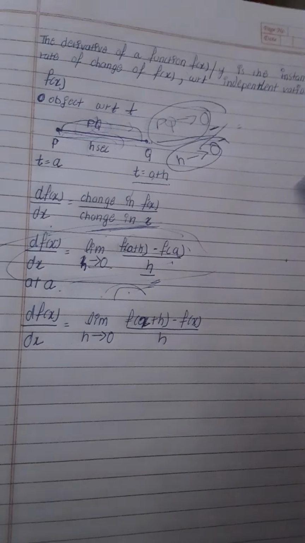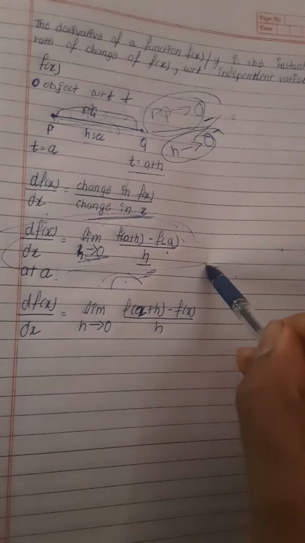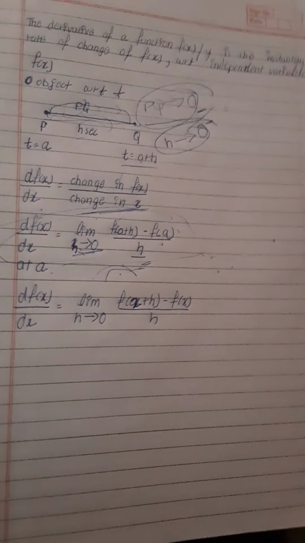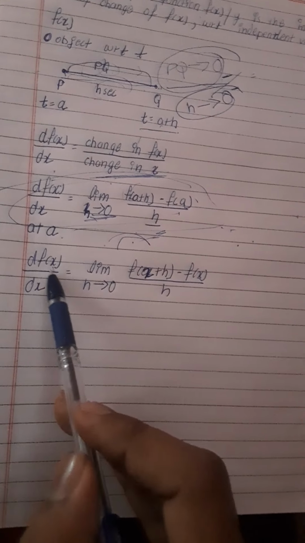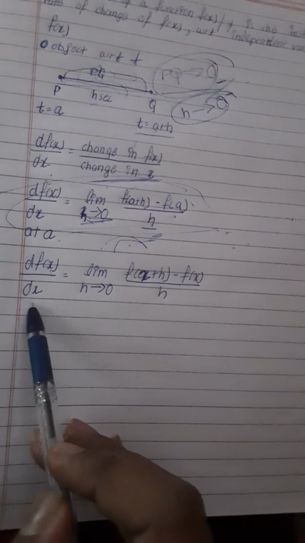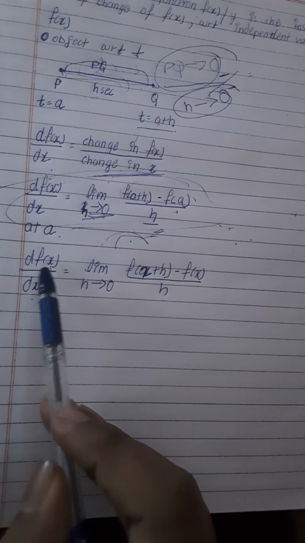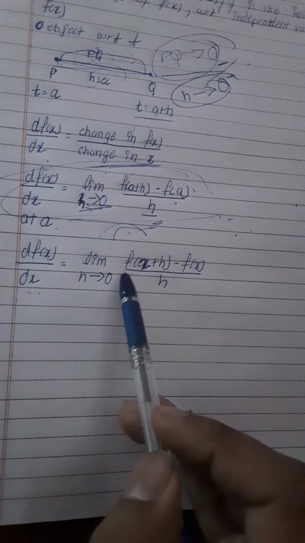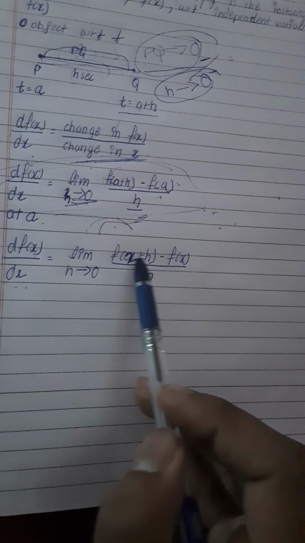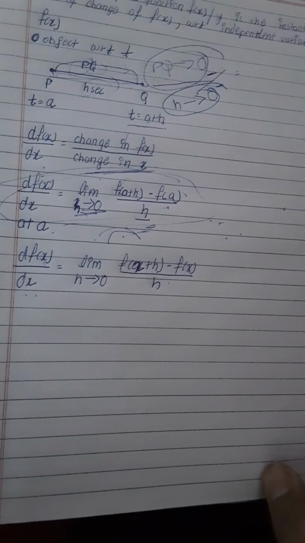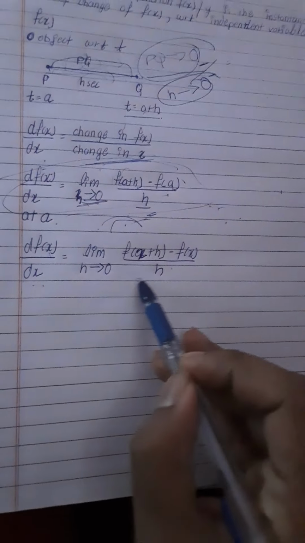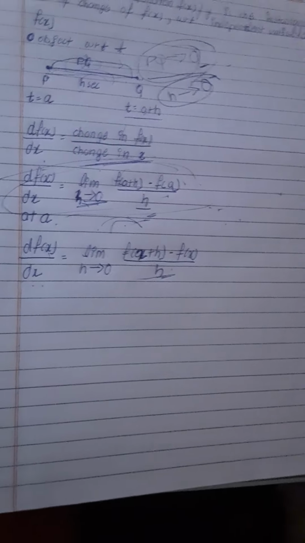As h approaches 0, this change is very small, so those two points can be found to be coincident. Generalizing it to the whole function, the derivative of f(x) with respect to x is the limit as h approaches 0 of f(x plus h) minus f(x) upon h.